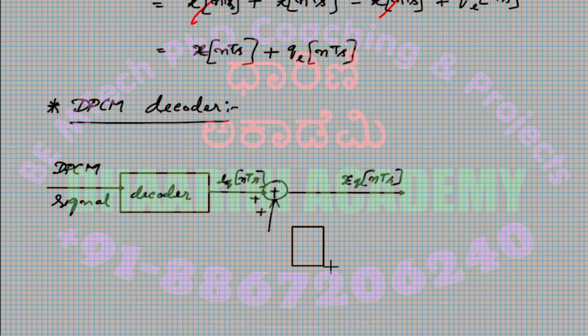So we have done the prediction already by using the same signal, correct? I'll take this signal and give it as input to the prediction filter. So this output will be X cap.